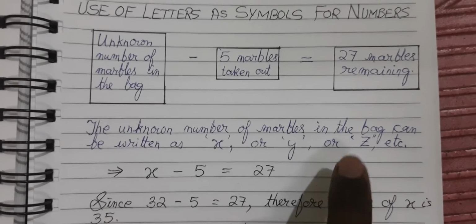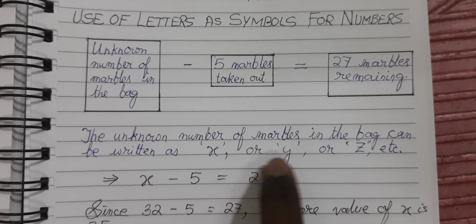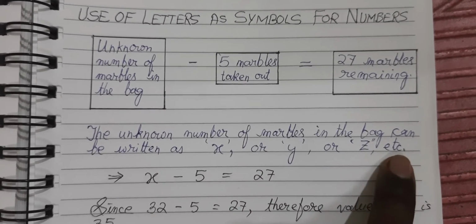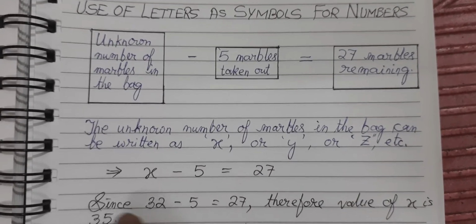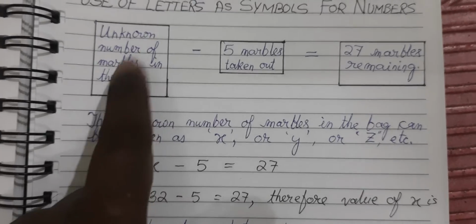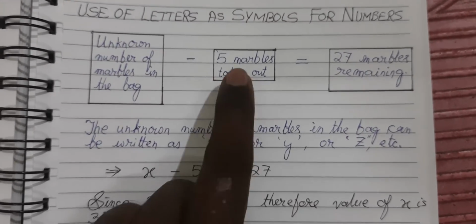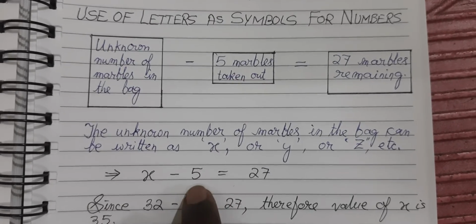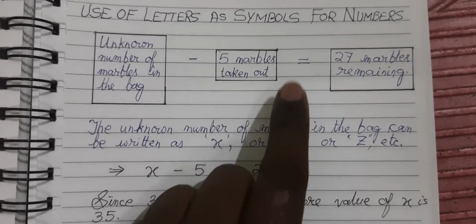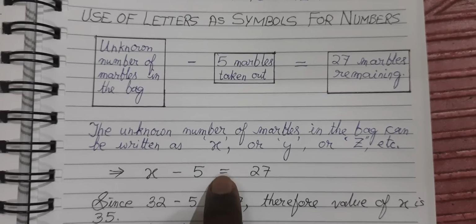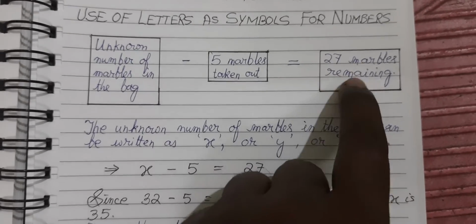The unknown number of marbles in the bag can be written as X or Y or Z or any other alphabet. So X, the unknown number of marbles, minus 5 marbles, so number is 5, equals to 27 marbles remaining.